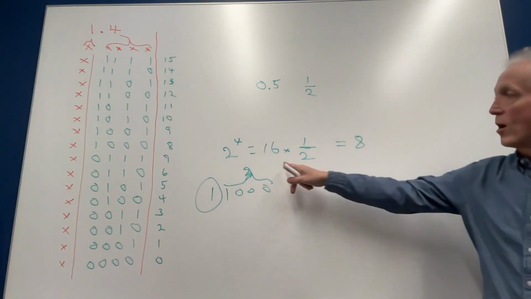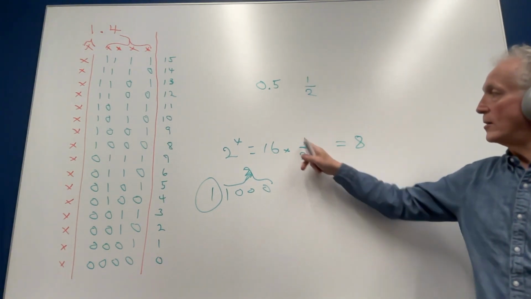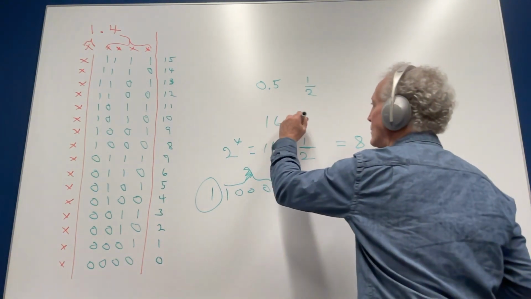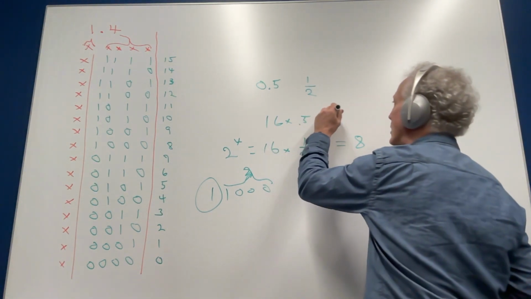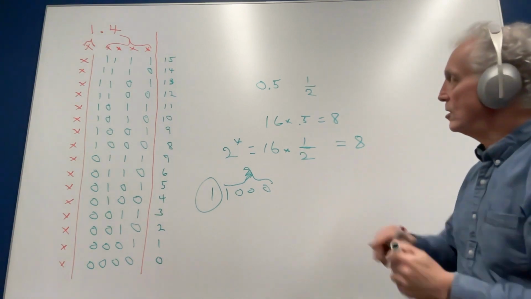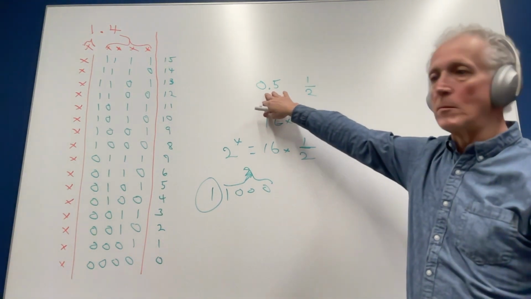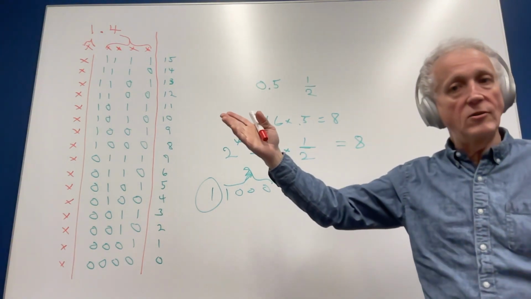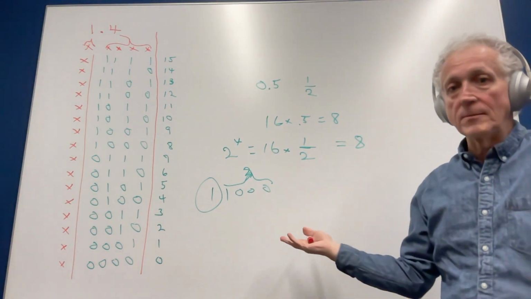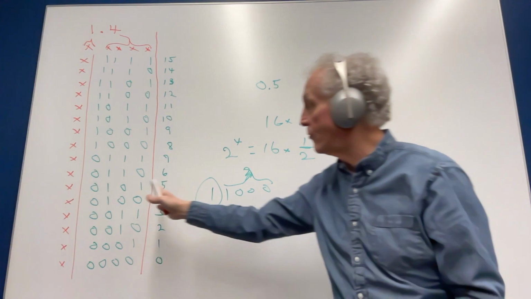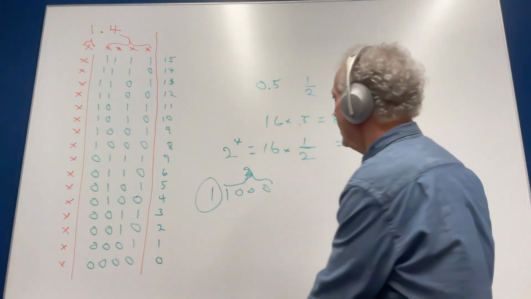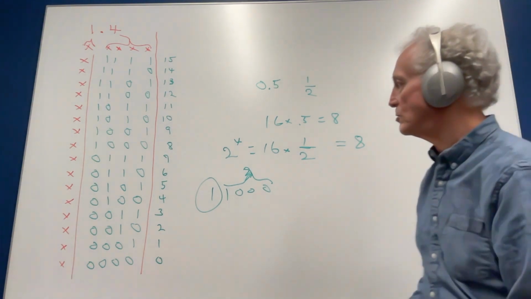And you see, it works. 16 times 0.5 gives us 8. So you can take just the decimal part and multiply it by the total number of possible values. That's as simple as that. In this case there are 4 bits, so it's 2 to the 4, and we get 16 total values.